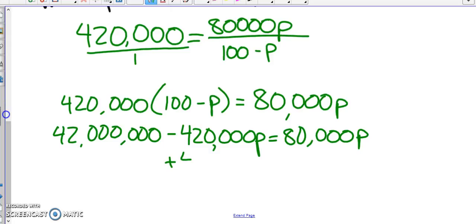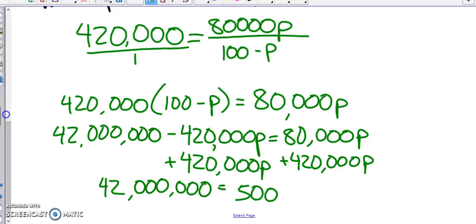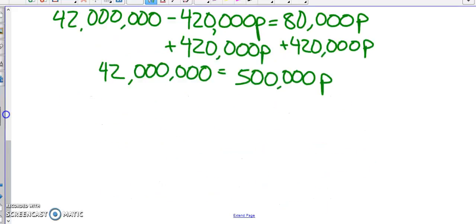I can add 420,000 P to both sides, and I get 42 million equals 500,000 P. And then I have to divide by 500,000.